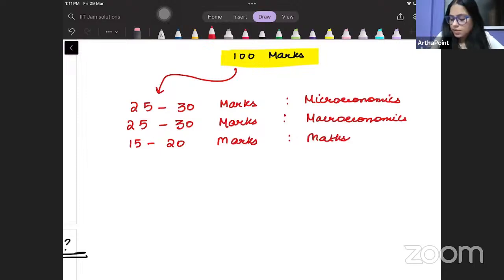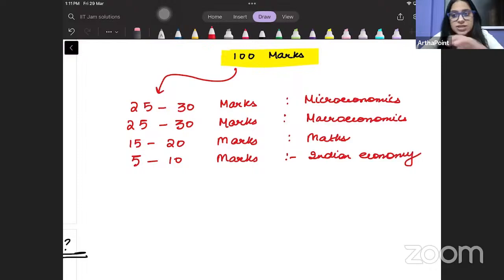Right, beta? 5 to 10 marks dedicated to Indian economy. This is just what I am telling you on the basis of the previous year papers, how the subject has been, right? So 25 to 30 marks for microeconomics, 25 to 30 marks for macroeconomics, 15 to 20 marks for maths, 5 to 10 marks for Indian economy.